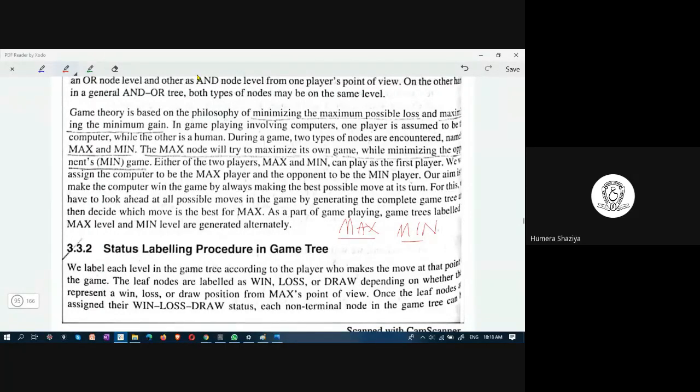So the computer is actually the max. The computer is trying to maximize its game score. It is trying to increase its score while at the same time decreasing the score of the opponent.